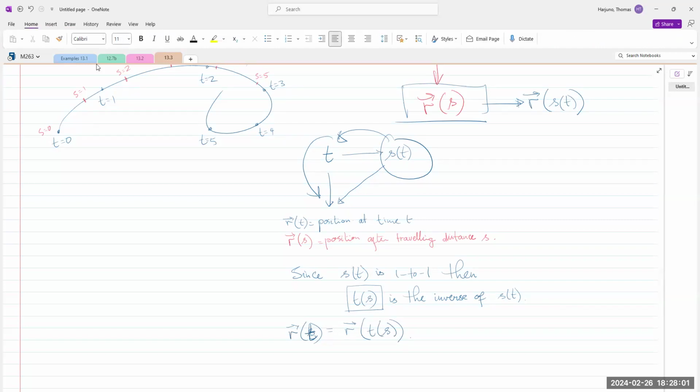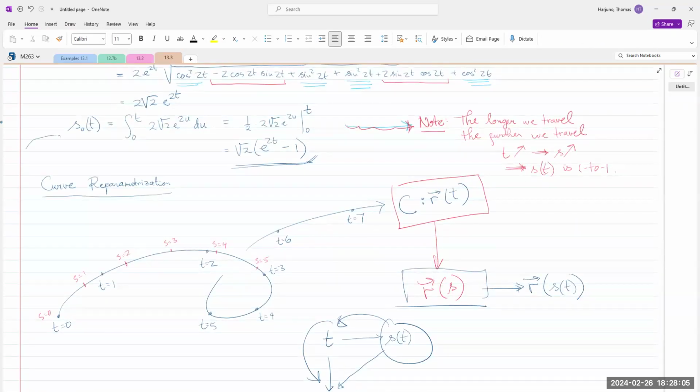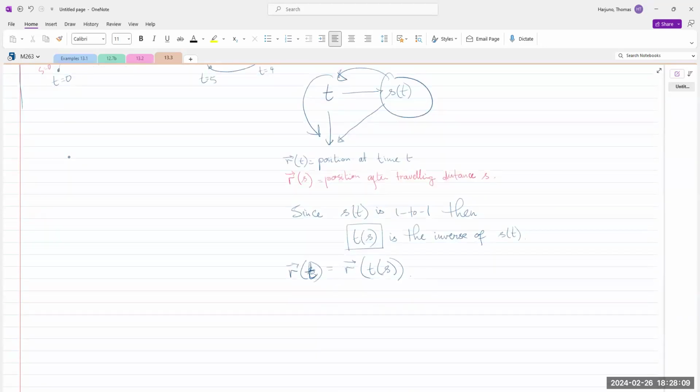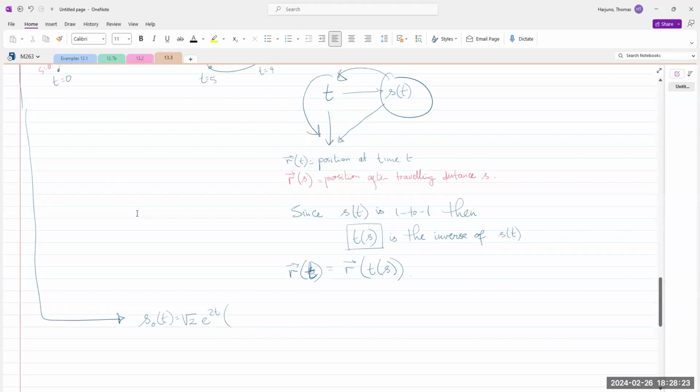Suppose I use the example we have earlier here. Notice that S(t) equals square root of 2 times e to the 2t, and then minus 1.